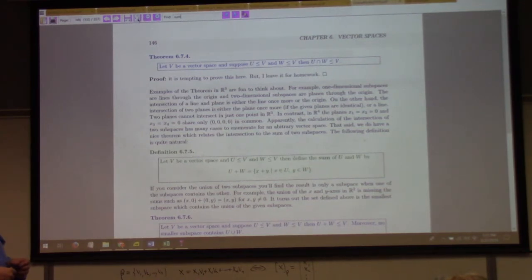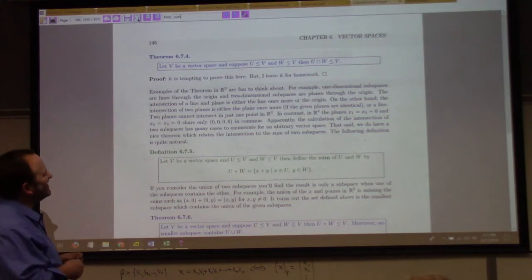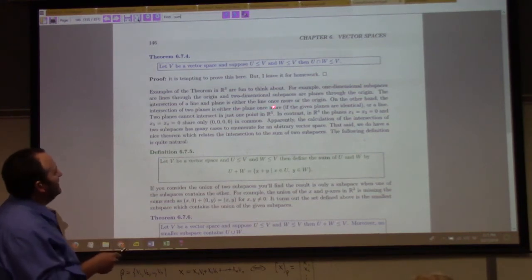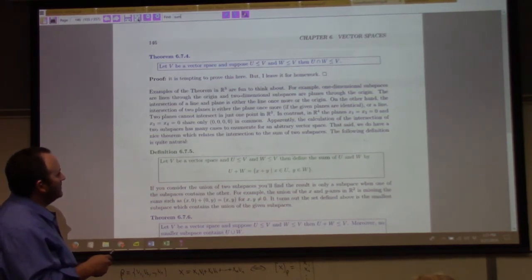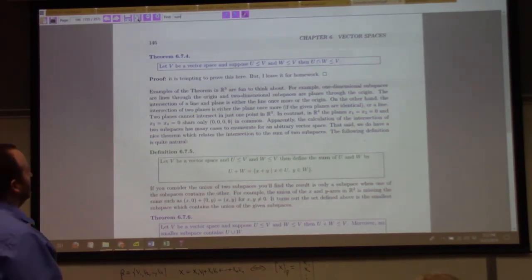On the other hand, the union of two things, let's see, do I say it in here? I said intersection to the sum. What is wrong with me? Have I written the wrong word?